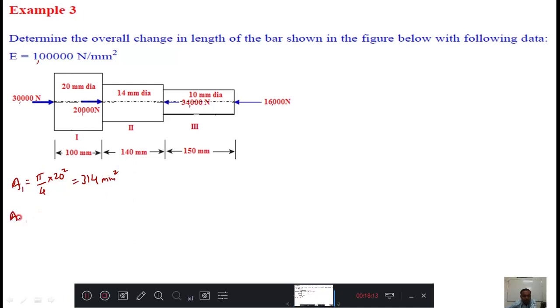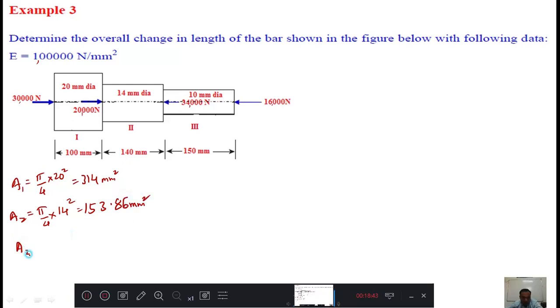Then A2 is pi by 4 into 14 square, that is 153.86 mm square.